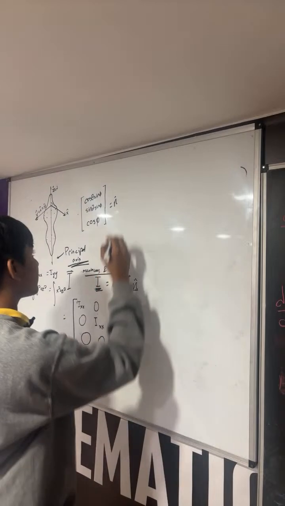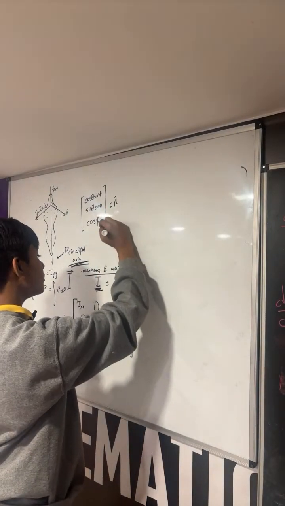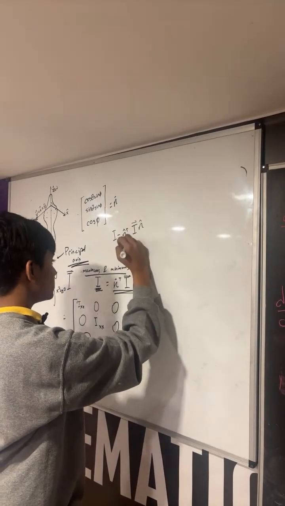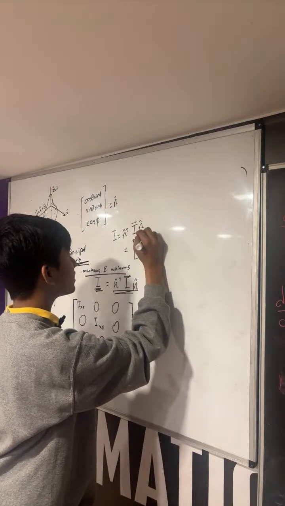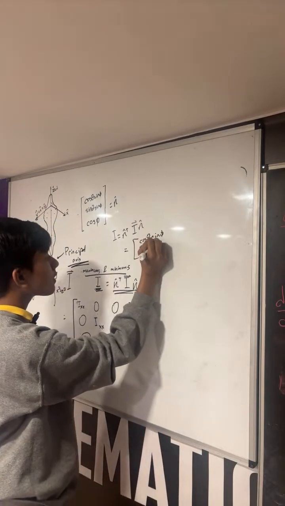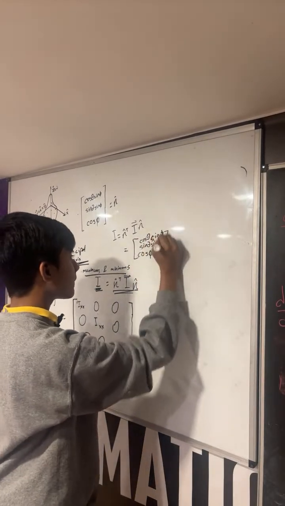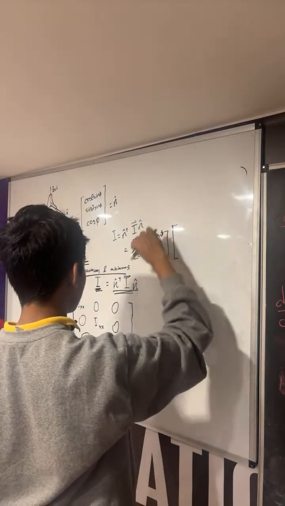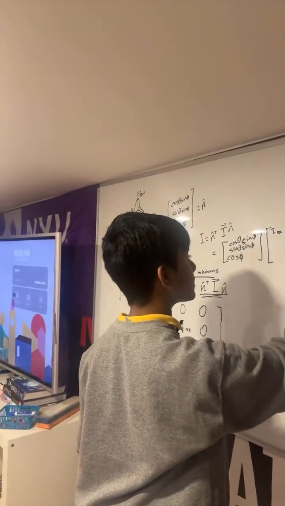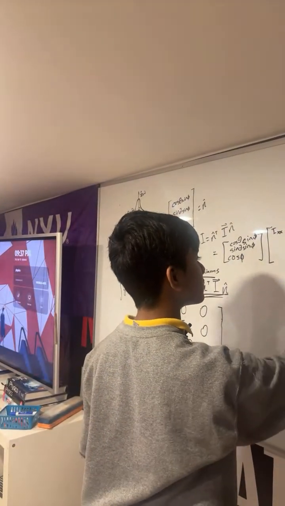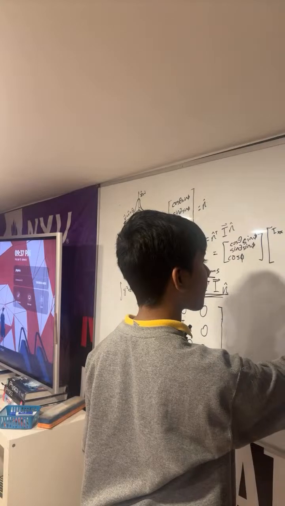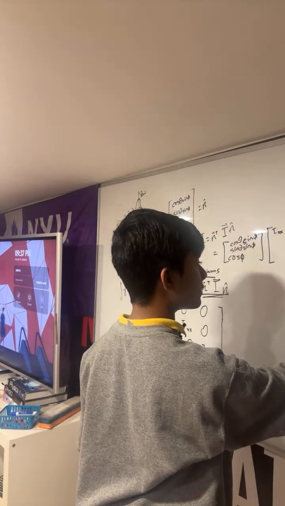So now, let's get down to the multiplication work. We have cosine theta sine phi, sine theta sine phi, cosine phi, multiplied by IXX, IZZ, and once again cosine theta sine phi, sine theta sine phi, cosine phi.